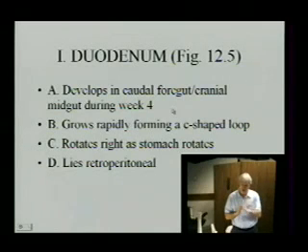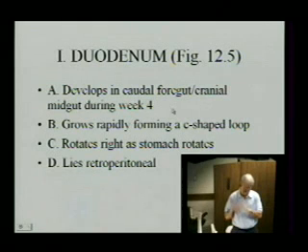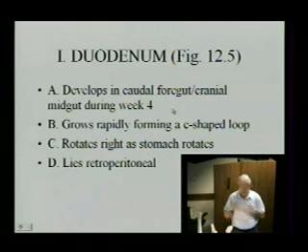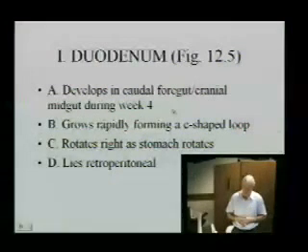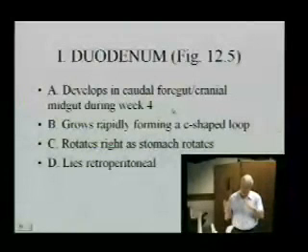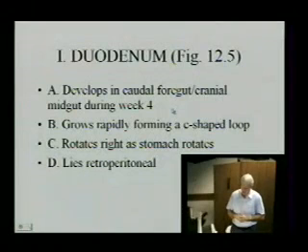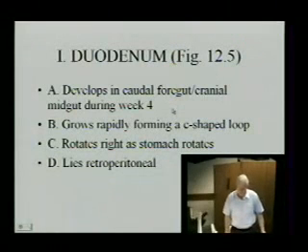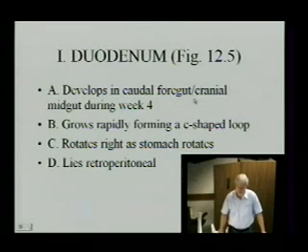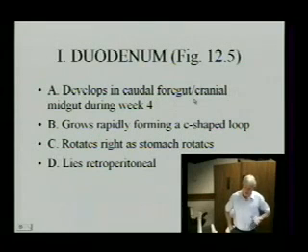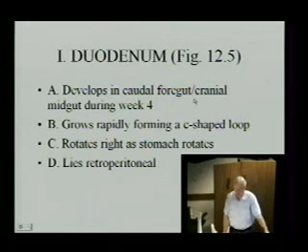Remember that foregut ended where the umbilical stalk attached to the gut tube inside the embryo, and then the yolk stalk ending caudally is the junction between midgut and hindgut. So the duodenum is right there at that junction in the early embryo, where the yolk stalk comes into the embryo and is internalized.